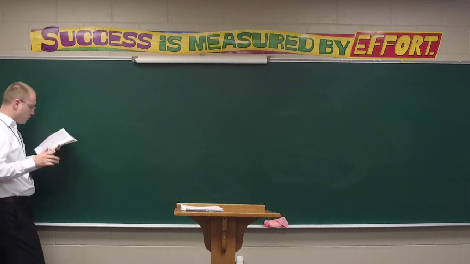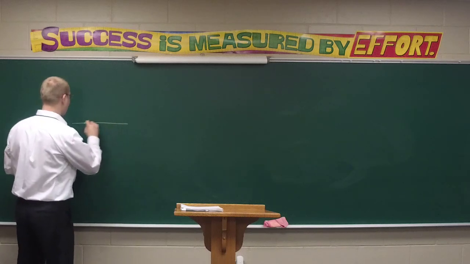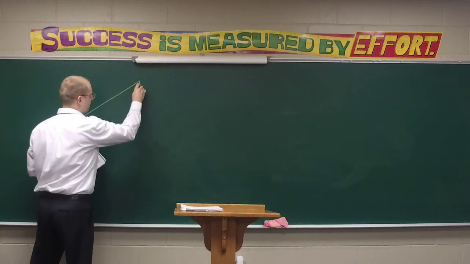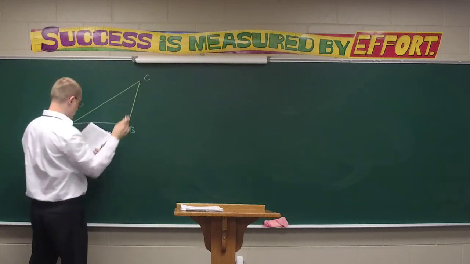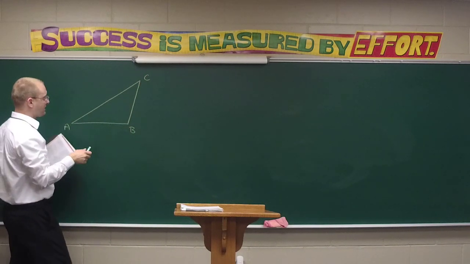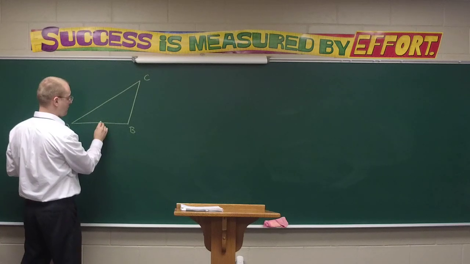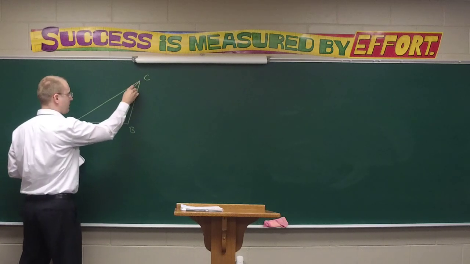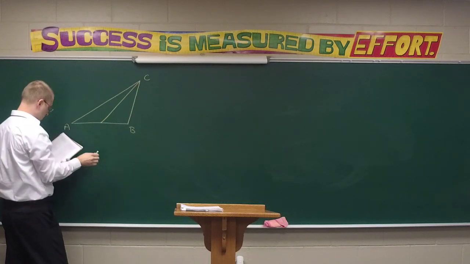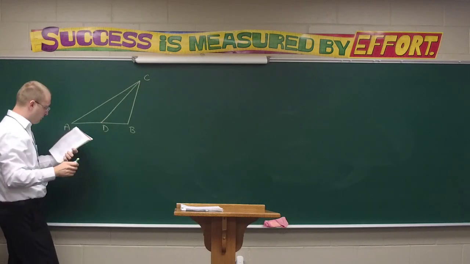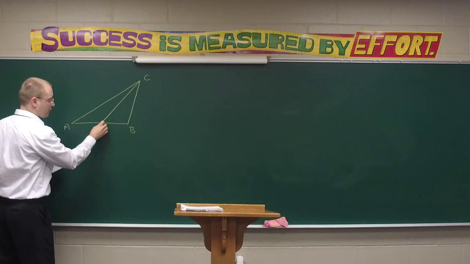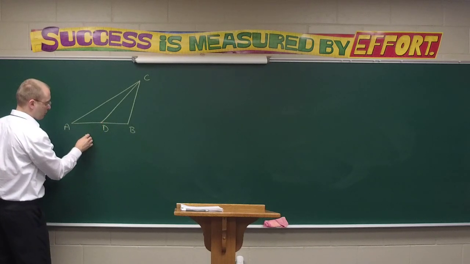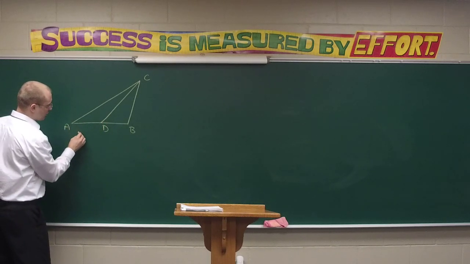Given a rather unusual shape, it was a slightly obtuse triangle, triangle ABC, and you were given a median CD. Now remember, again, median, vertex to midpoint, so there's a given right there. But this median then extends out, kind of like our last homework proof, and there's a line from A that goes perpendicular.